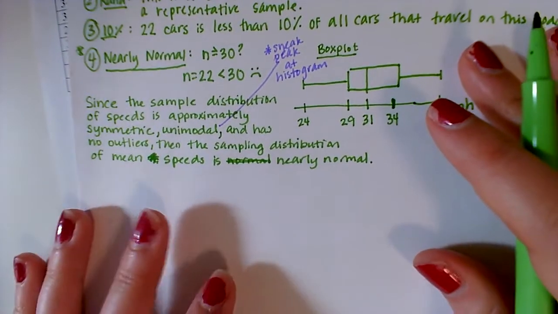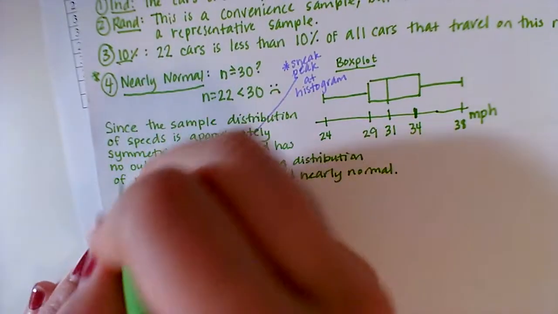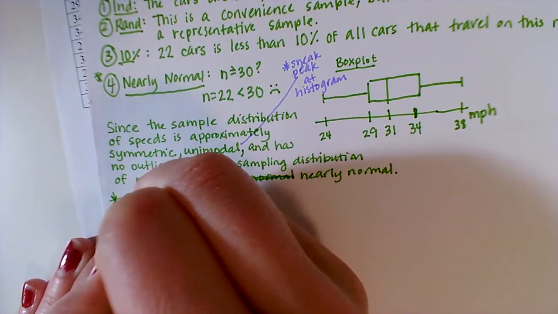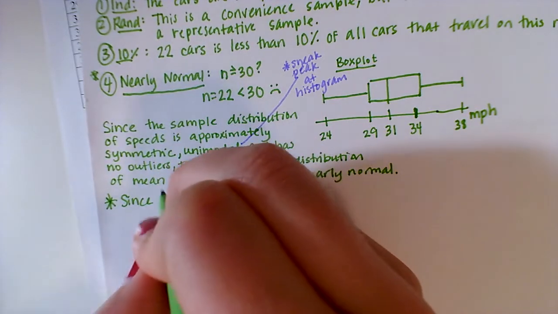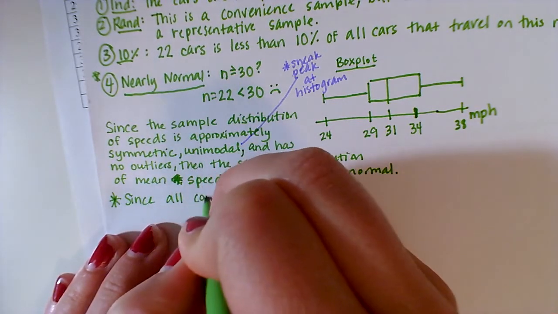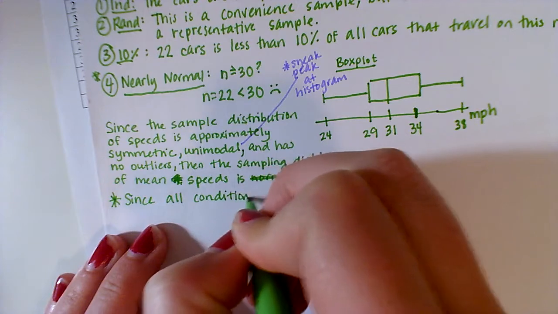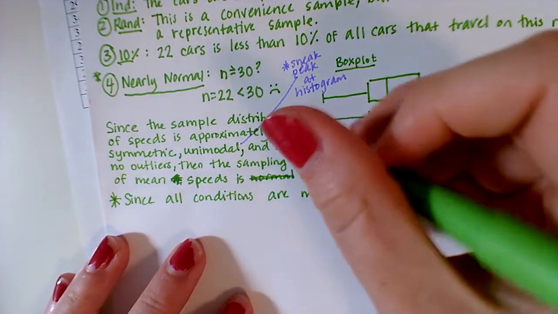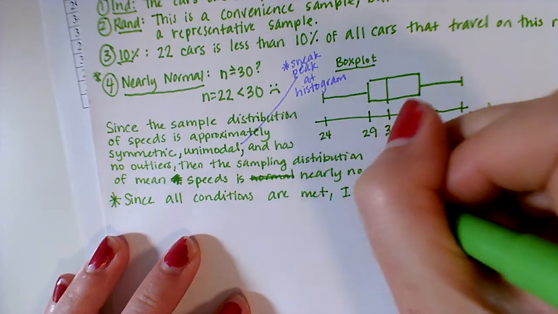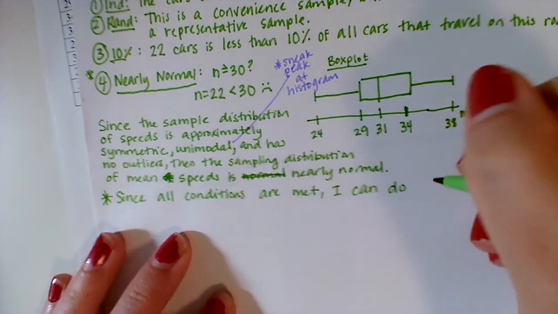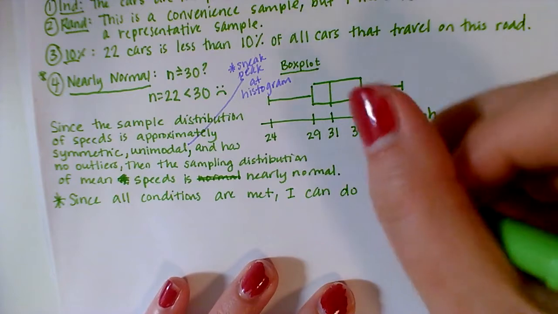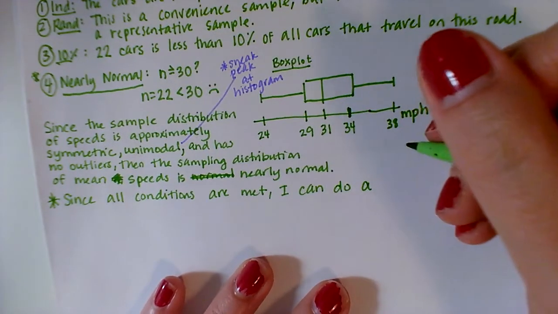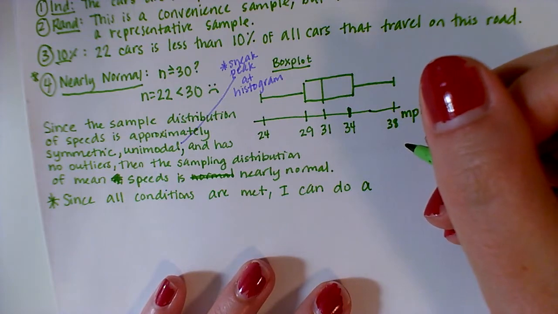So now, after I've checked all of this, I need to go ahead and say my final since condition. Here I can say, since all conditions are met, then I can call this a one sample t interval.